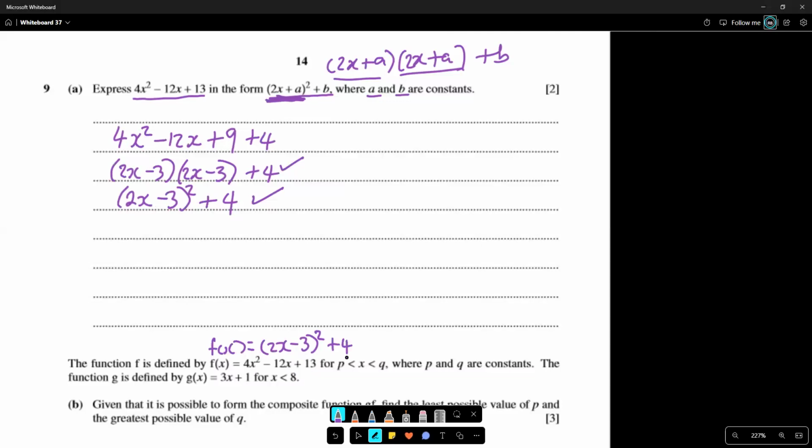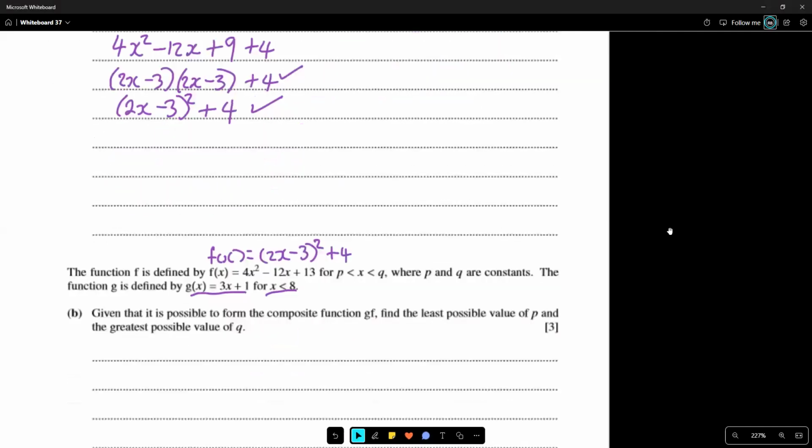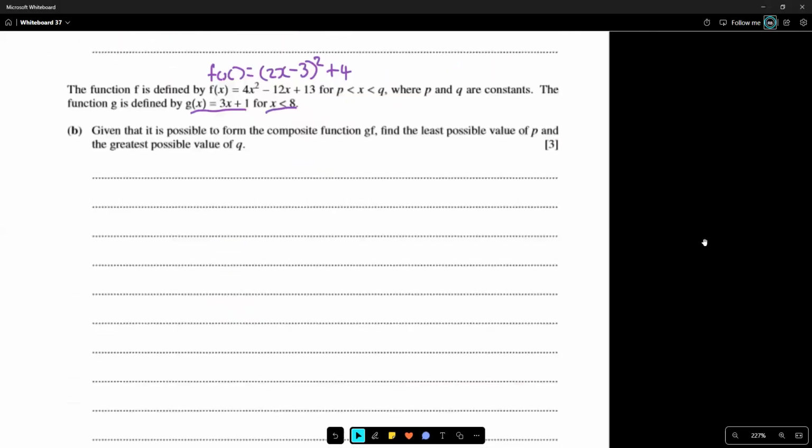Right. For p x q, so they give us the domain of this function where p and q are constants. The graph g is defined by that, where the domain is x is less than 8. Okay, sharp. So now, what is the question?